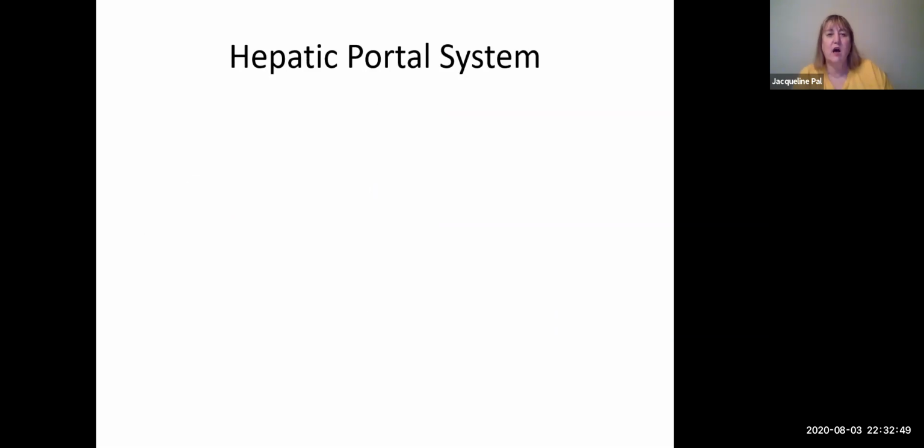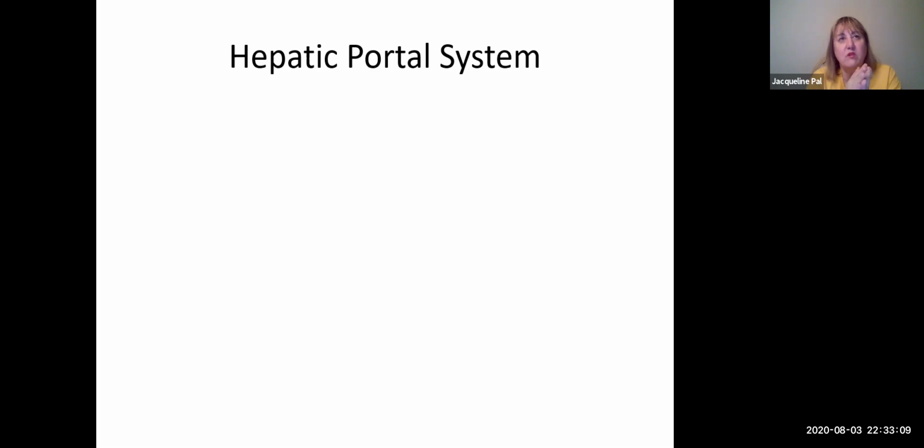But I do want to talk about something special that occurs here in the abdomen, and that is the hepatic portal system. So this is a venous system that is a portal system. It's one of two portal systems that we have in our body, and we're going to learn about the other one when we do the endocrine system.